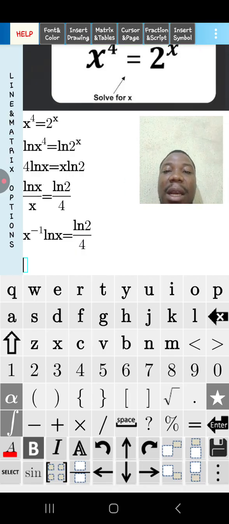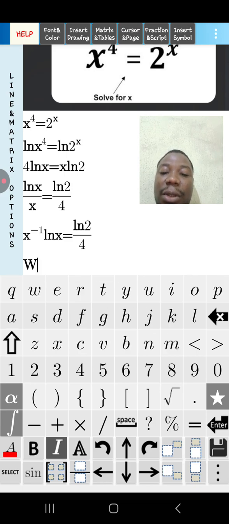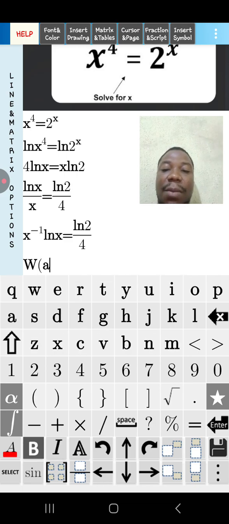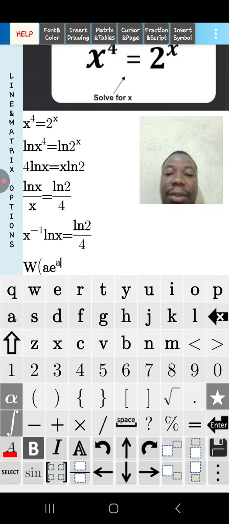Now we are going to introduce what we call the Lambert W function, or the product log function. In the product log function, you have to understand that when you have the product log function of something like a e raised to the power of a, it is always equal to a.